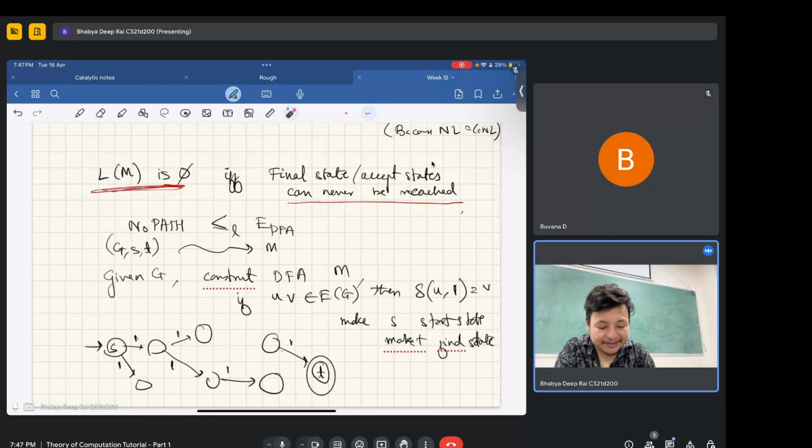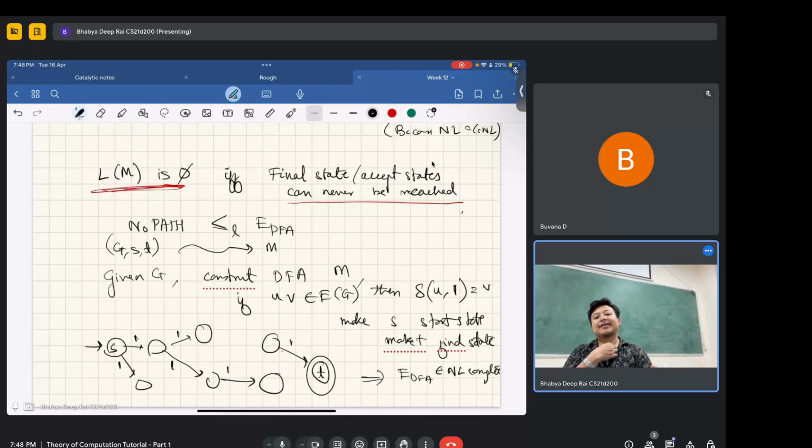But if the final state can be reached, it means in the original graph there was also a path from S to T, so no path is false. So no path reduces to EDFA. EDFA is NL hard, therefore EDFA is NL complete. Checking whether a DFA is empty or not is NL complete.